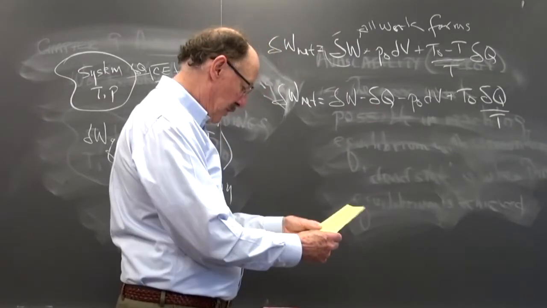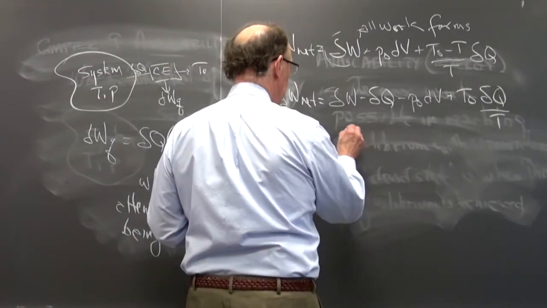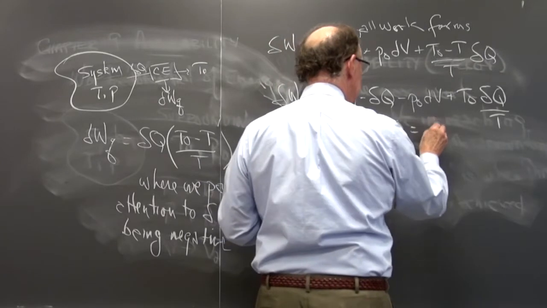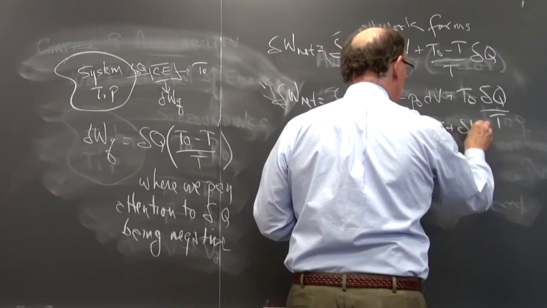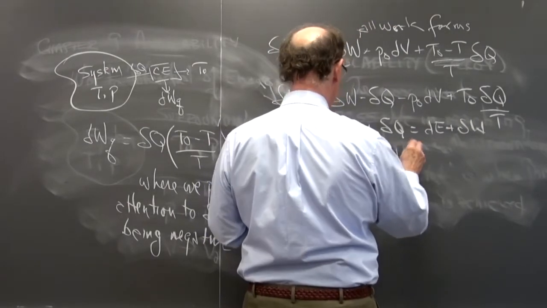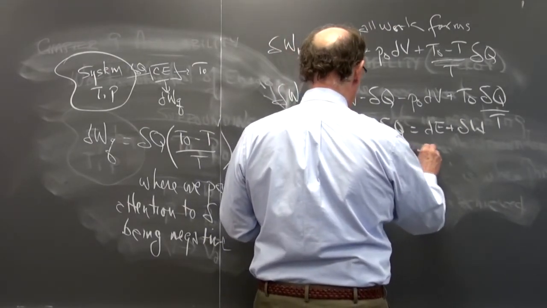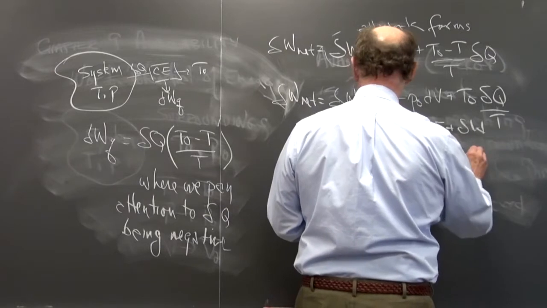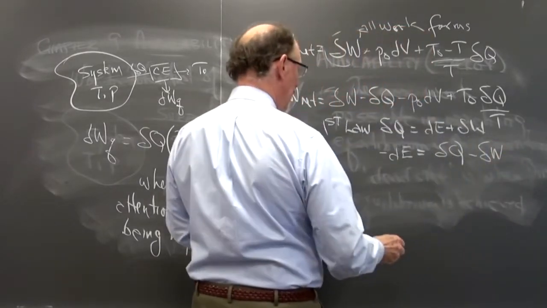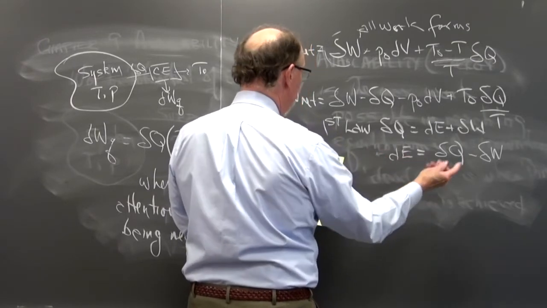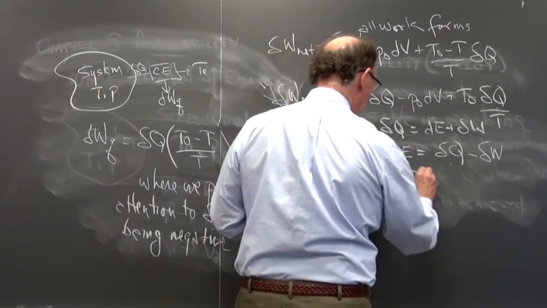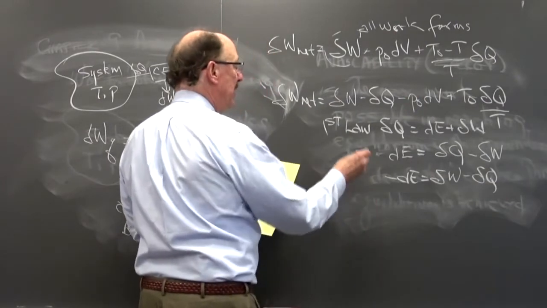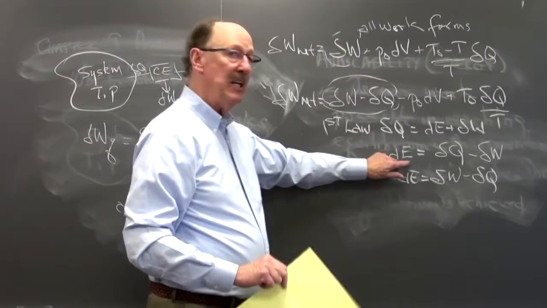If I look at the first law, I have del Q is equal to dE plus del W. So dE, minus dE rather, is equal to del Q minus del W. With the point being that this term is the change of energy of the system.